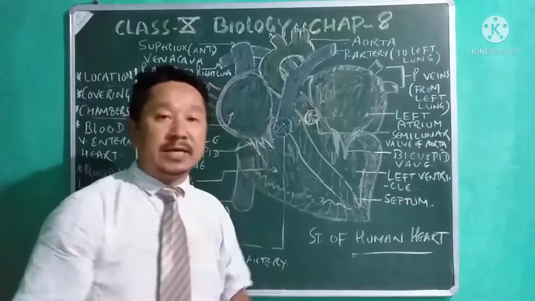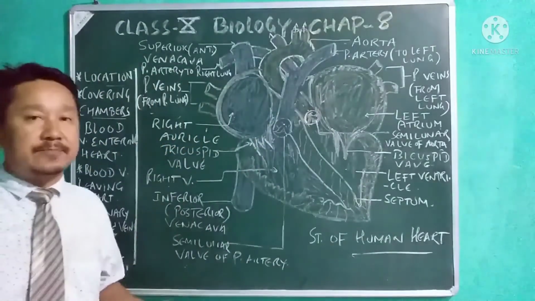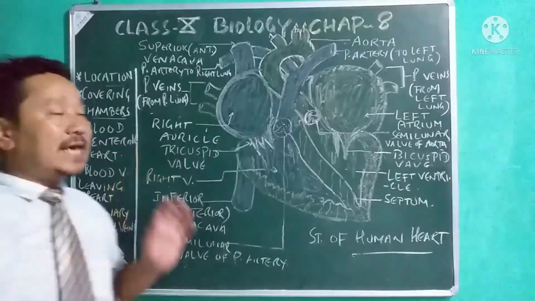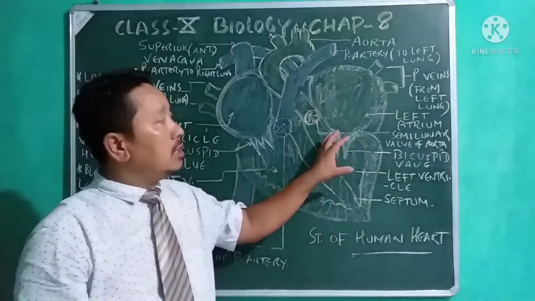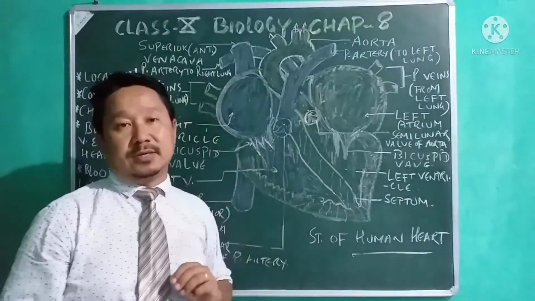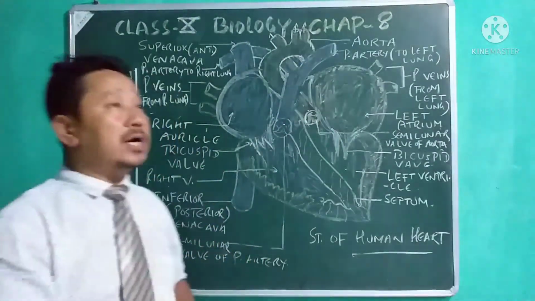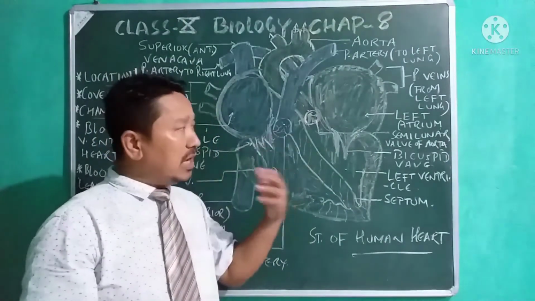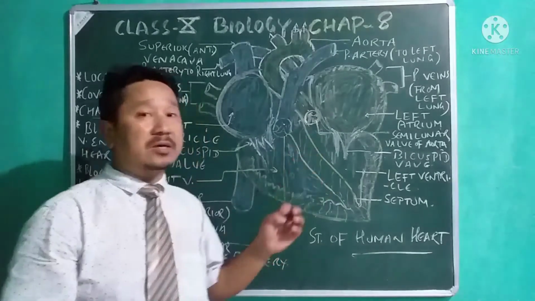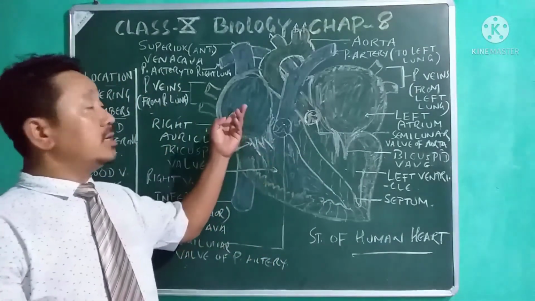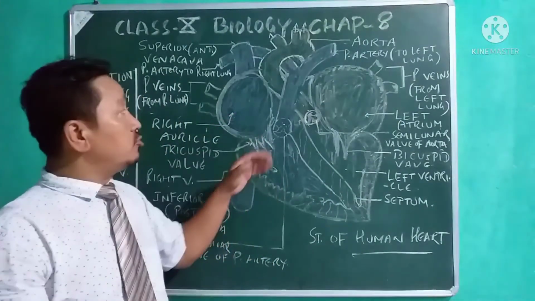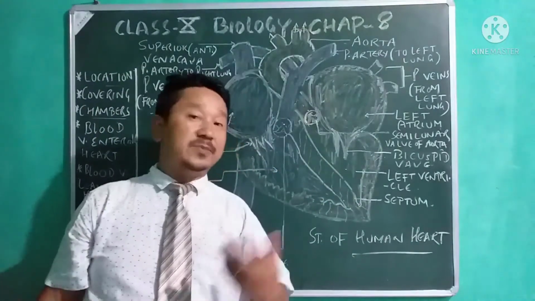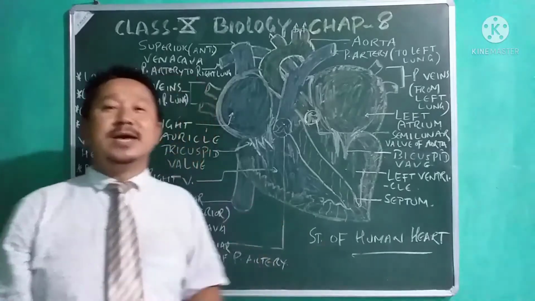Coronary arteries carry the blood to the wall or muscles of the heart. Similarly, coronary veins collect the impure blood from the muscles of the heart and bring it back to the right auricle, and from there it goes down to the right ventricle, and from there it is sent to the lungs for purification. This is how it happens.